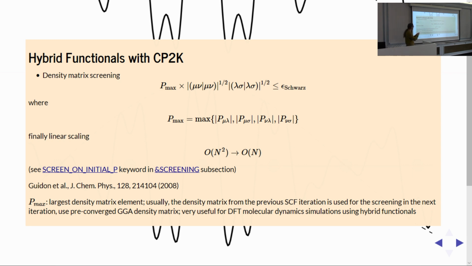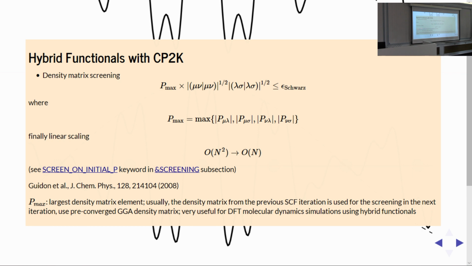We find the largest value involving any of the pairs of basis functions we're interested in, and we weight that in there. If the largest element involving any of these pairs is very small, essentially these basis functions aren't being used in our description of the electronic structure of the system, and again we can throw things away.